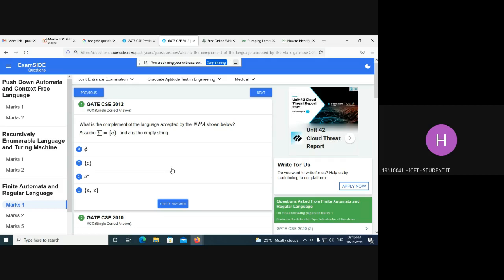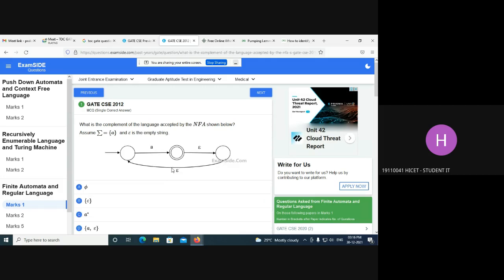Next. What is the complement of the language accepted by the NFA shown below? What is complement? For example, 0, 1, 0.